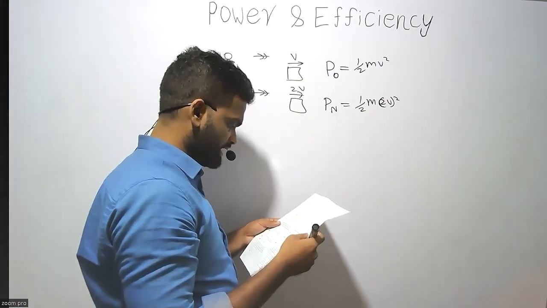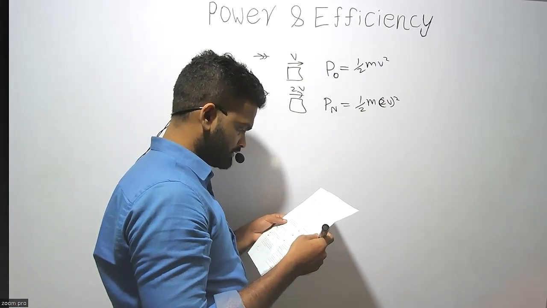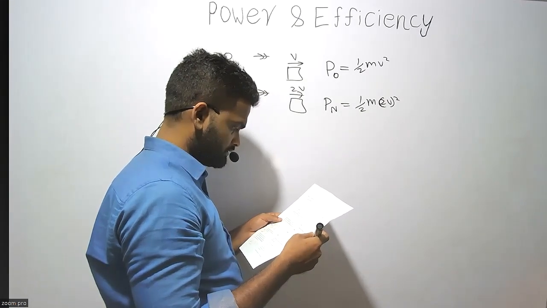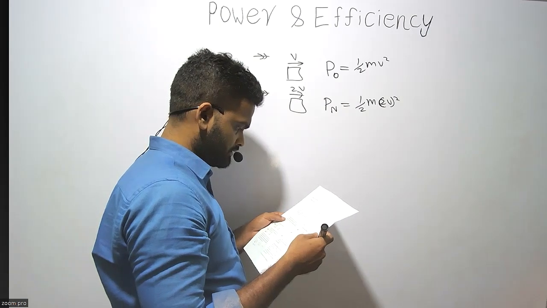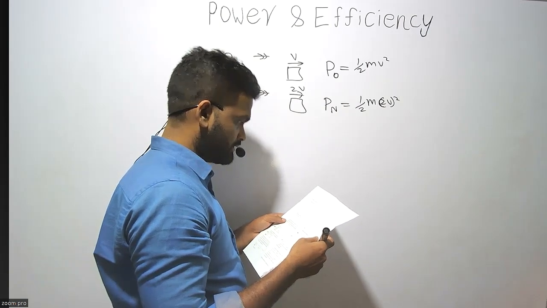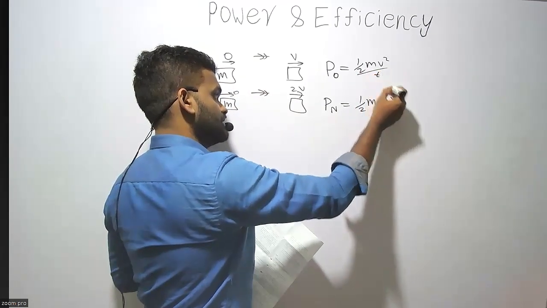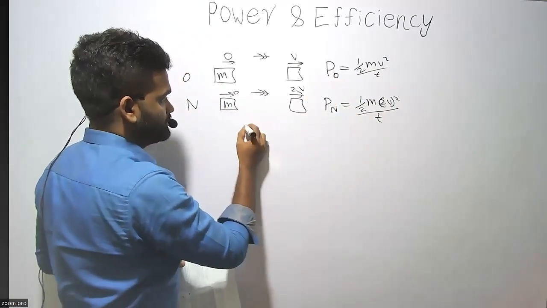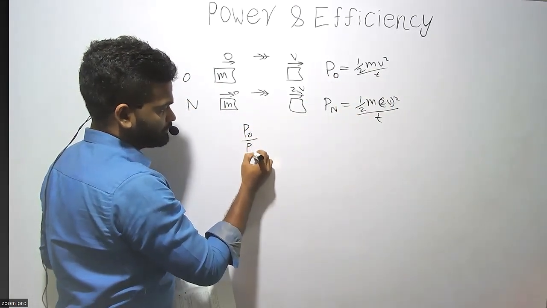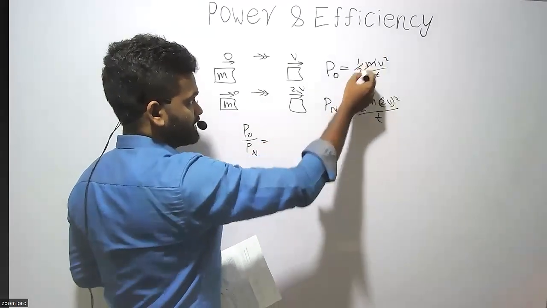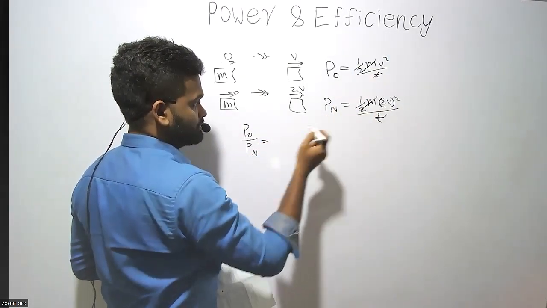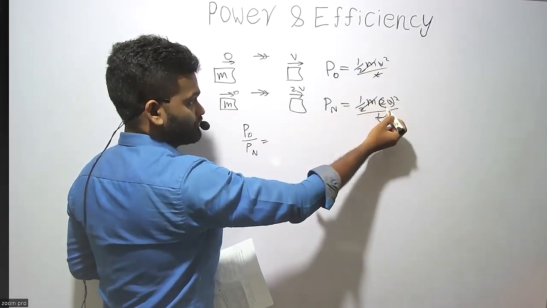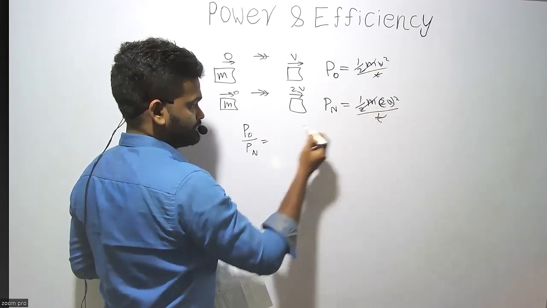So does it happen at the same time or something? Yeah, it happens at the same time, right? You need to divide by time. So then you just have to divide these two in order to find the ratio. So it is obvious that half m cancels off and t cancels off, v cancels off, but there's a 4 here.